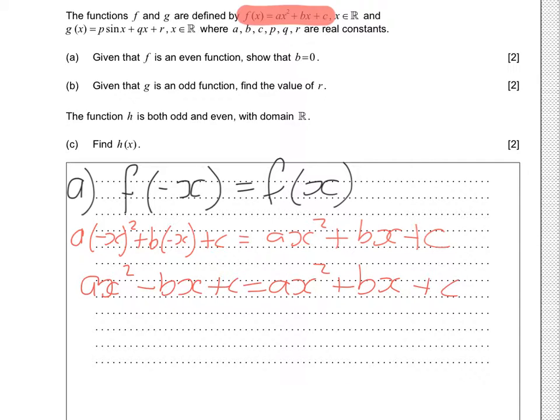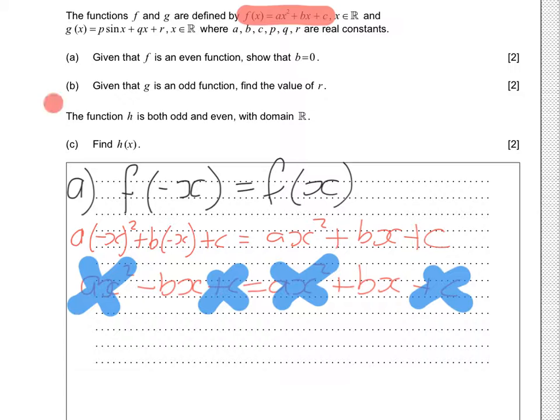And most of these things can be subtracted from both sides. So we've got ax squared there, subtract that, got c there, subtract that, and you're just left with minus bx equals bx.